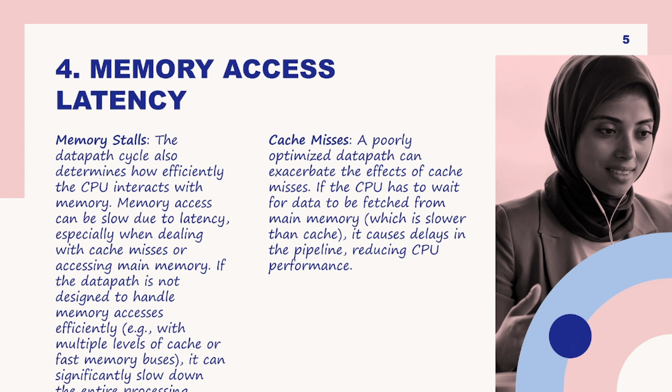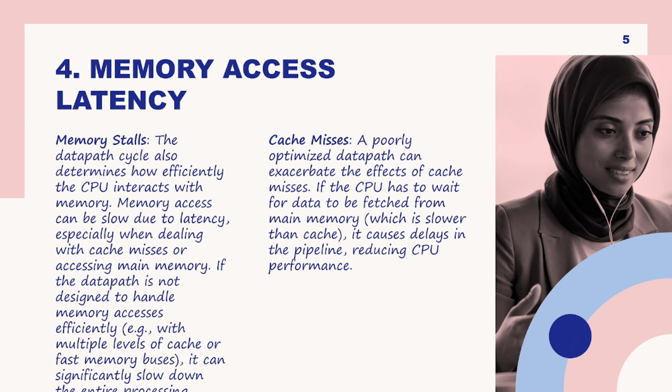If the data path is not designed to handle memory access efficiently with multiple levels of cache or fast memory buses, I'm sure you know what buses are, they're the lines that connect components in the system together, it can significantly slow down the entire process.